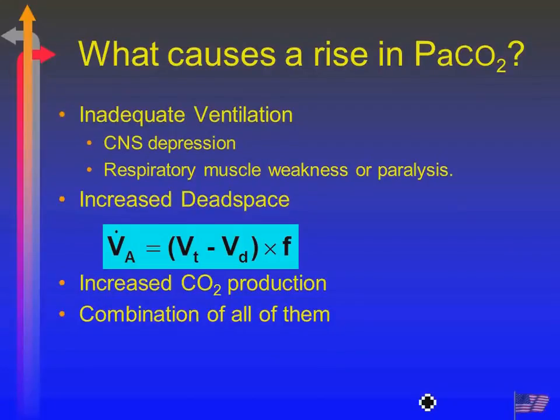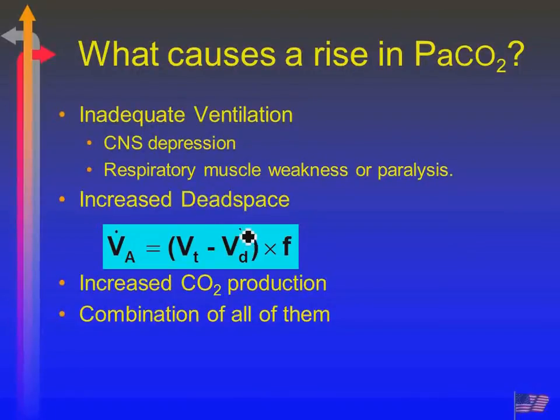So I got my COPD patient who now develops a pneumonia, who now develops a temp because of that, now is producing more CO2. In order to increase his alveolar minute ventilation, he has to increase his tidal volume and respiratory rate, and he may not be able to do that because of his pathophysiology, the diaphragm not being able to adequately contract, and you end up with a respiratory acidosis ensuing.